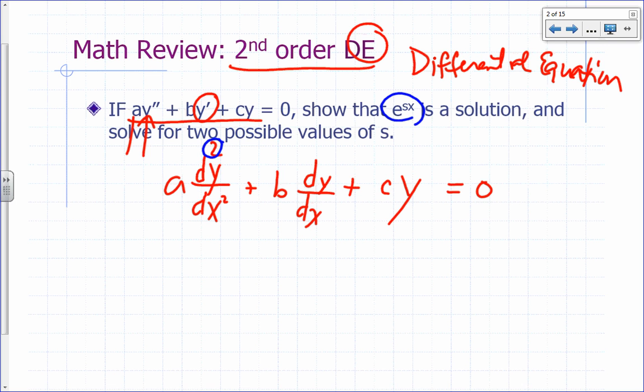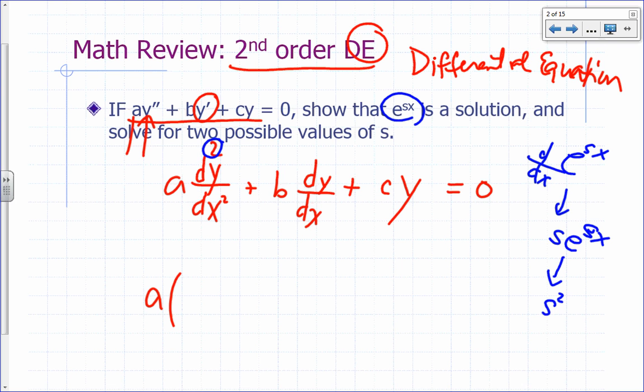So let's do that. s is a constant, so I'm going to say 1 a times the second derivative of e to the sx. What's the derivative of e to the sx with respect to x? s e to the sx, and then take the derivative of that again, that's s squared e to the sx.